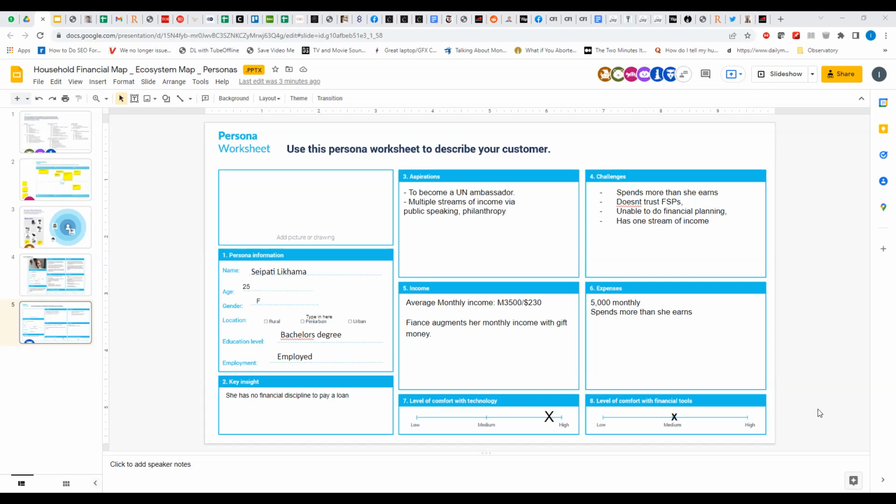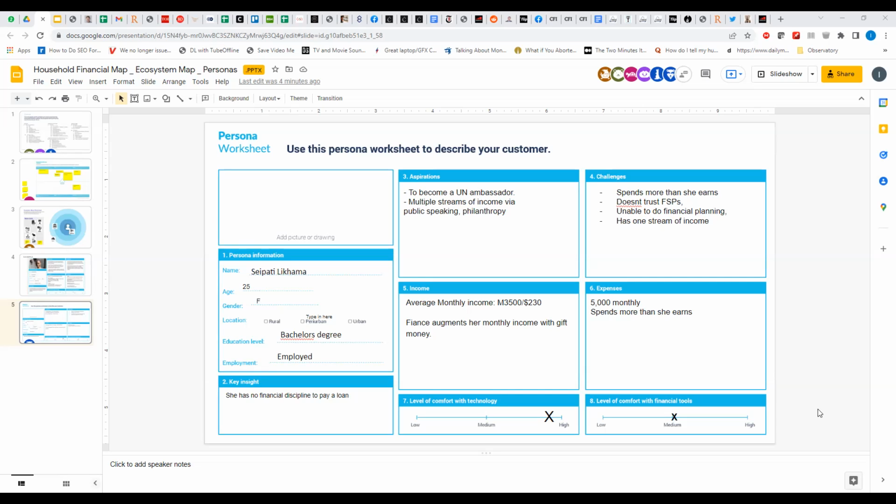Her aspirations are to become a UN ambassador, and she also wants to embark on multiple streams of income via public speaking and philanthropy. Her challenge is that she spends more than she earns.